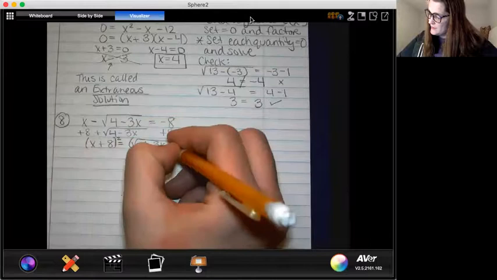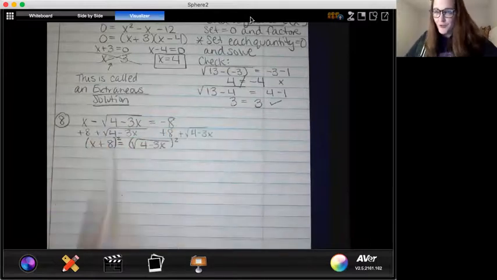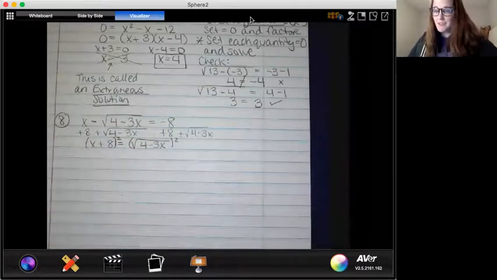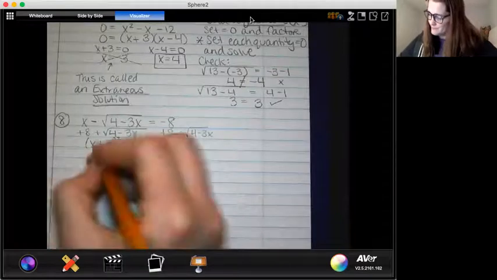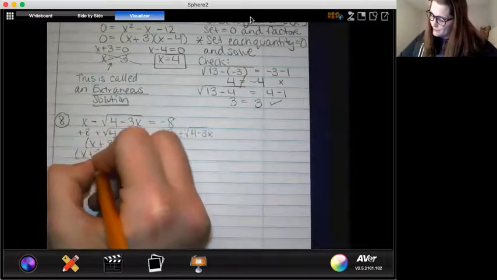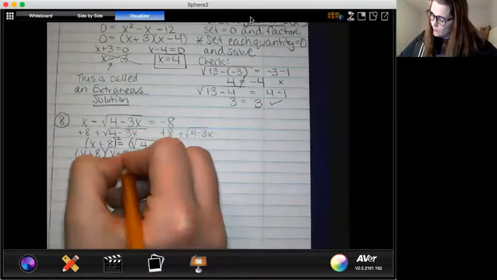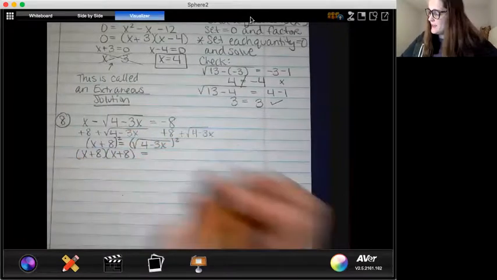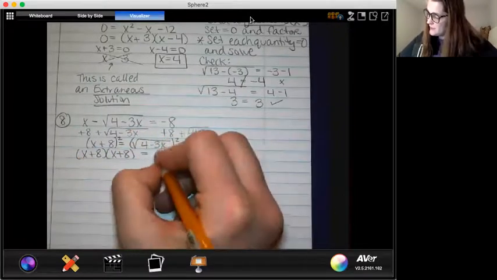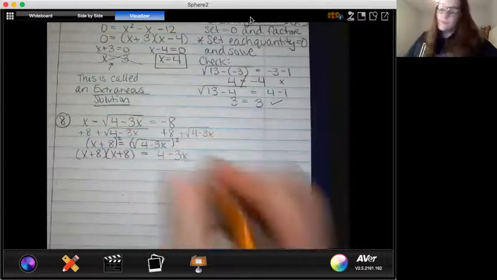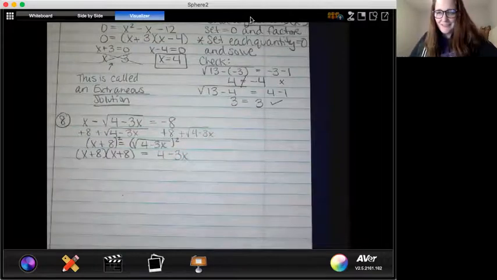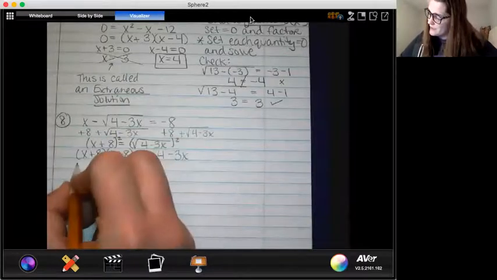And because we do similar problems, you should notice, because we're squaring a binomial, that means we have to FOIL it. And FOIL means writing it twice. And on the right side, that would mean we're left with just the radicand, because squaring a square root cancels them out. Okay, I'm going to go ahead and FOIL that out.